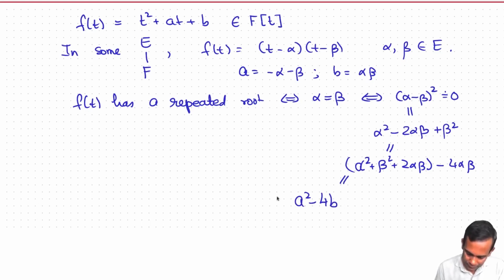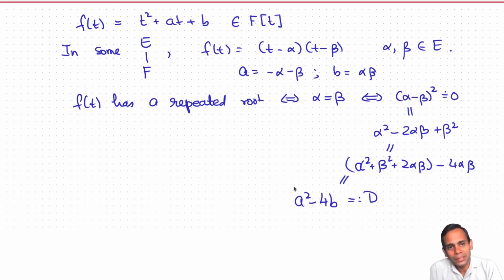This is the, when we solve quadratic equations, we call this the discriminant. So a quadratic polynomial has repeated roots if and only if a squared minus 4b is equal to 0.